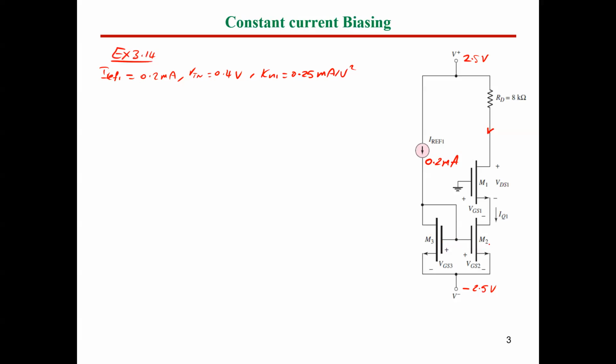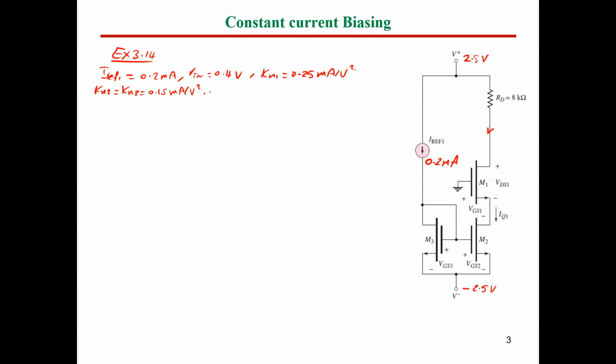And we will see how this is going to achieve the same current in the branch here. So for transistor M2 and M3, we have Kn2 equals Kn3 equals, as given in the example, 0.15 milliampere per V square. So these are the parameters we have.